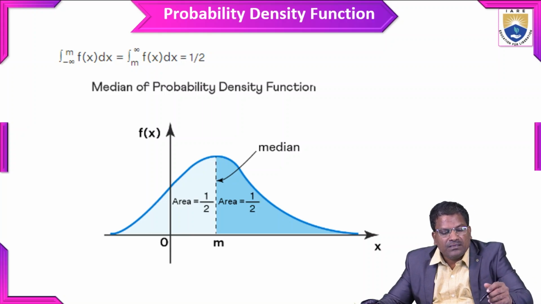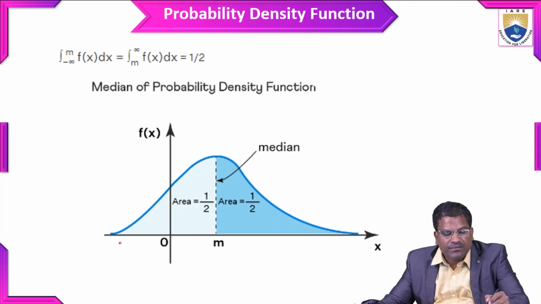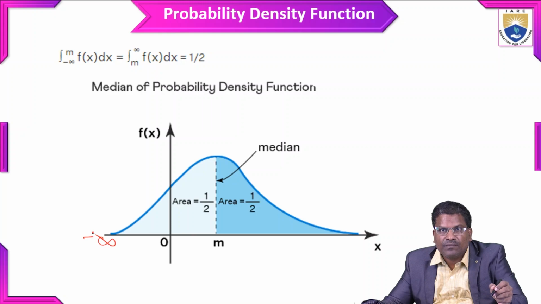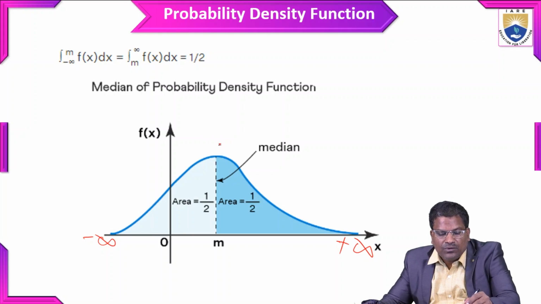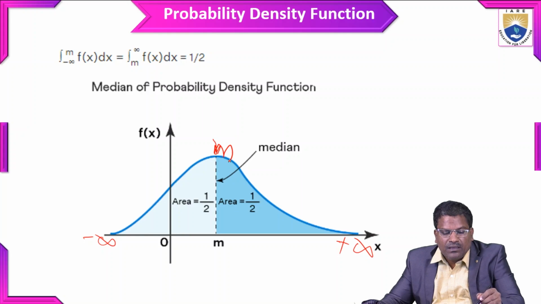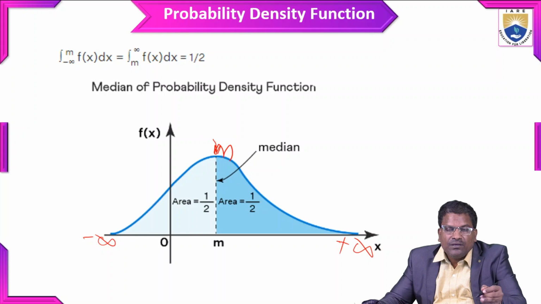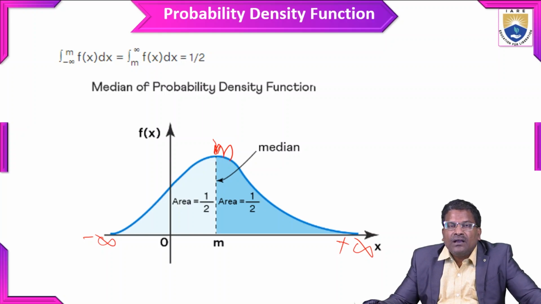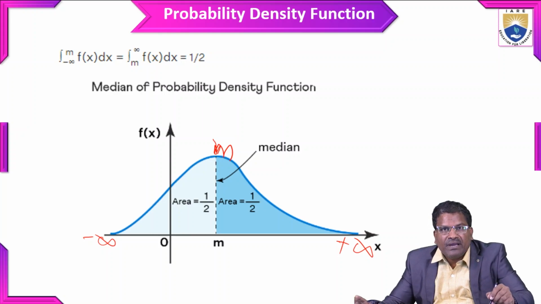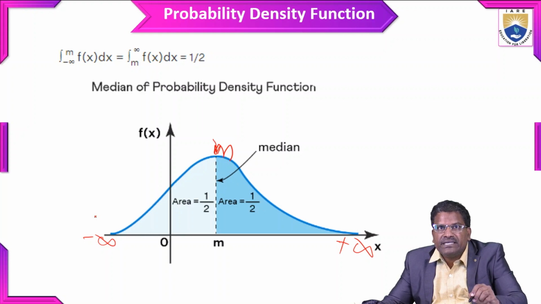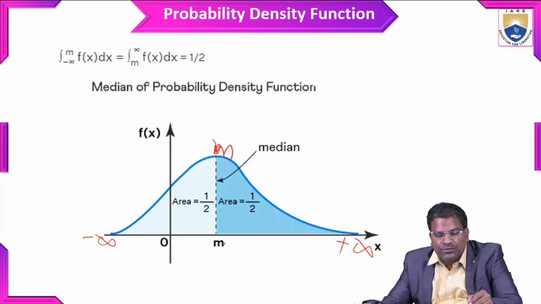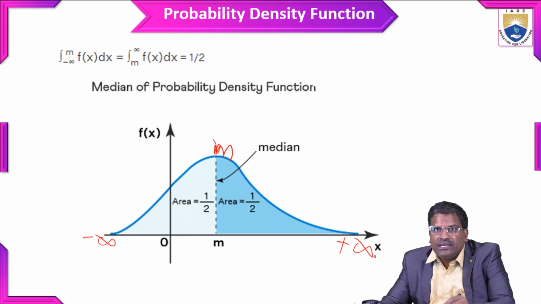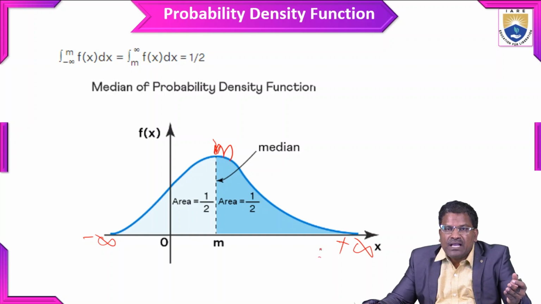The area from minus infinity to m, the integral from minus infinity to m of f of x dx, is numerically equal to the integral from m to infinity of f of x dx. Both values show half.